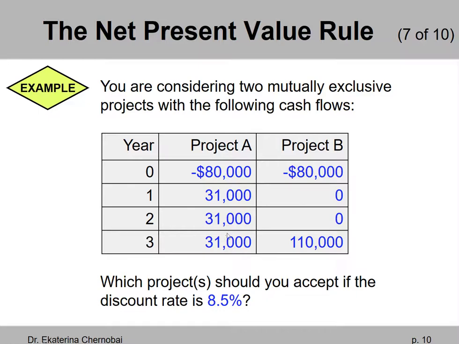So here we need to compare two projects, right? Project A and Project B. First, there's this new phrase that we haven't come across yet in this class. Mutually exclusive. What does it mean?